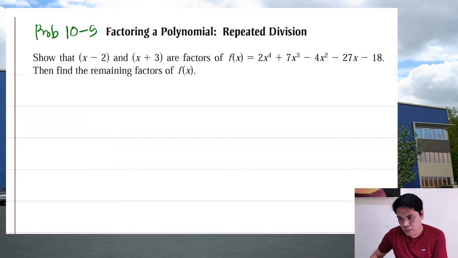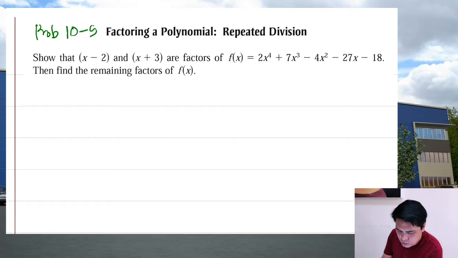Again, when we say that a certain polynomial is a factor of another polynomial, the remainder is 0, or there is no remainder, meaning it completely divides the given polynomial, or the dividend.